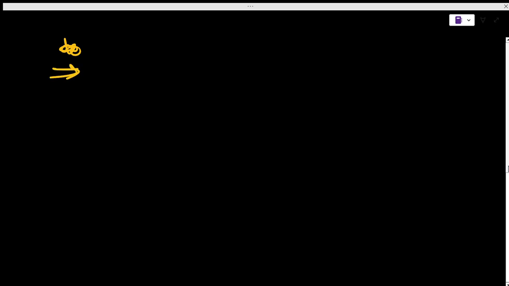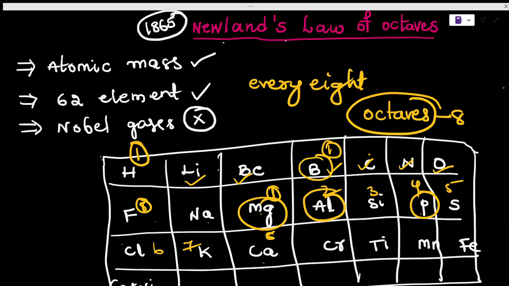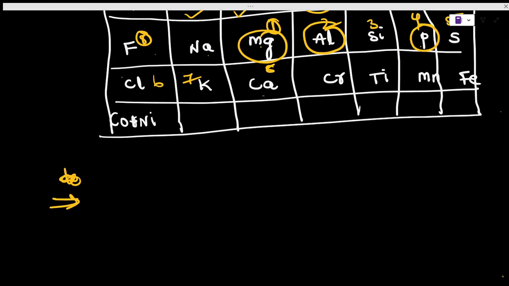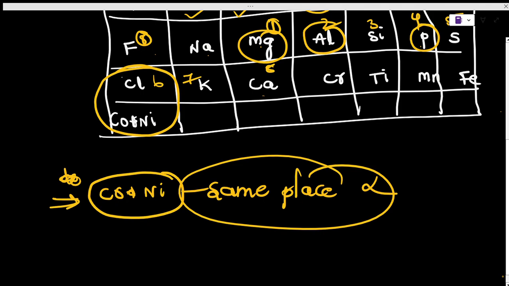First of all, in this classification there is a fault with cobalt and nickel. Cobalt is one element and nickel is one element, but he kept both in the same place. That is the major defect; the same place is wrong.